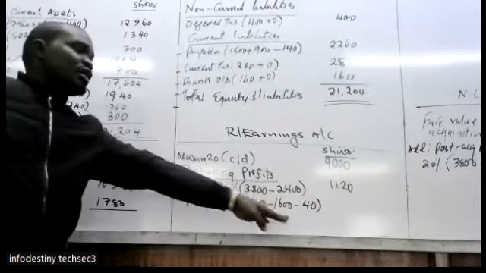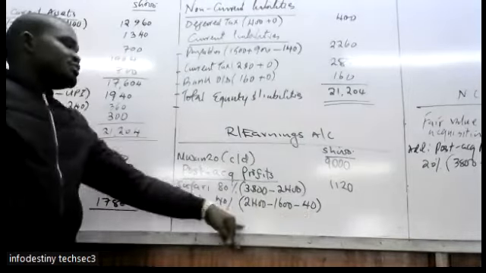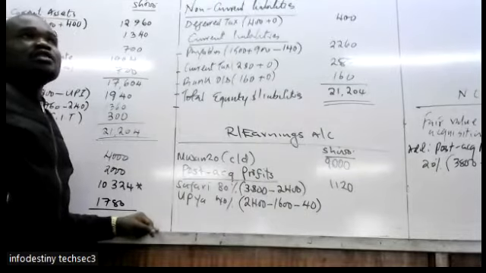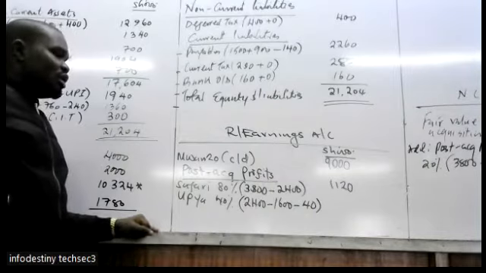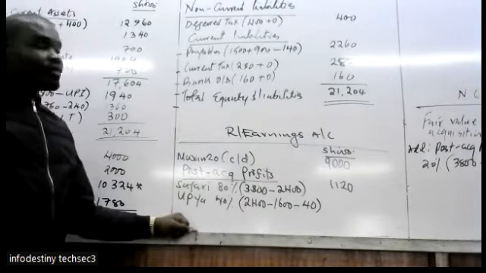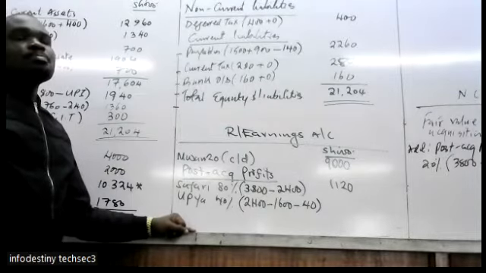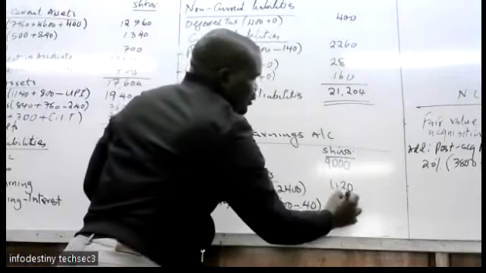Yes, so you subtract. Please indicate the 40 in your books, UPI. So this minus this by 40. Is there something I'm going to adjust? Yes. How much is that? 304. So this is 304.